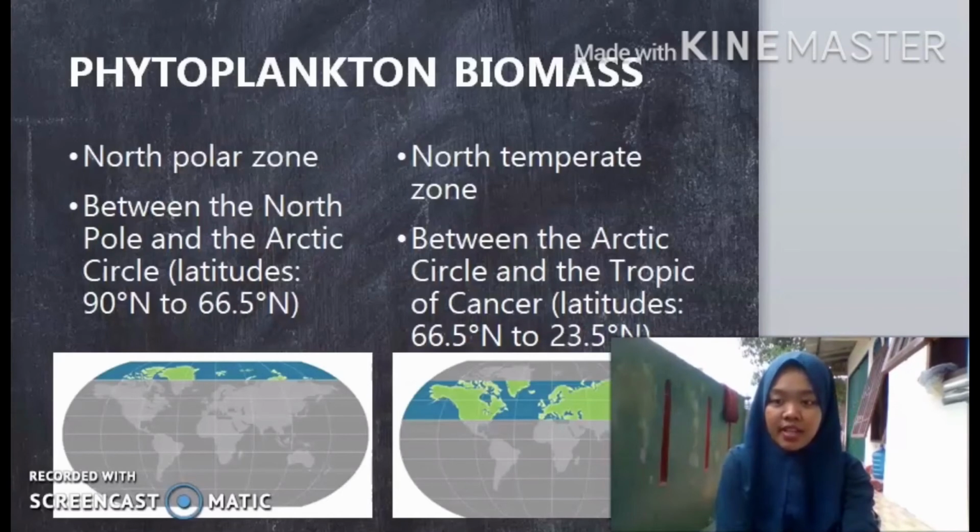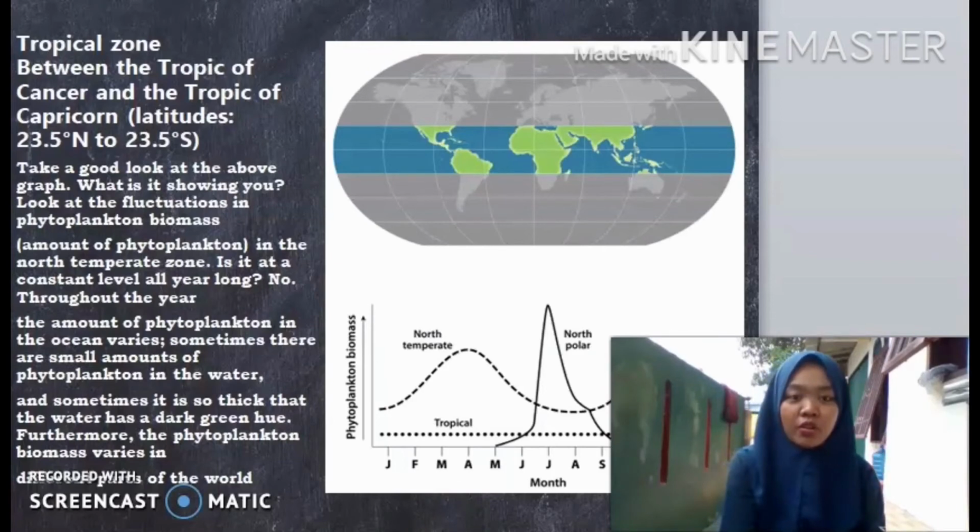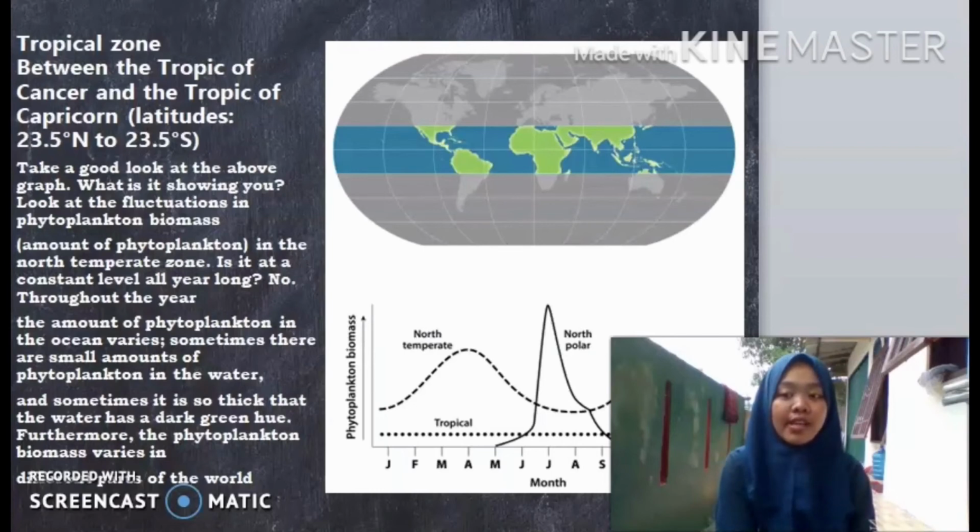Okay, for the next, you can look at the last, the tropic zone between the Tropic of Cancer and the Tropic of Capricorn. Tropical oceans encircle the earth in a band between the Tropic of Cancer and the Tropic of Capricorn.